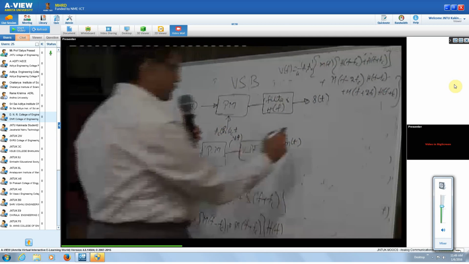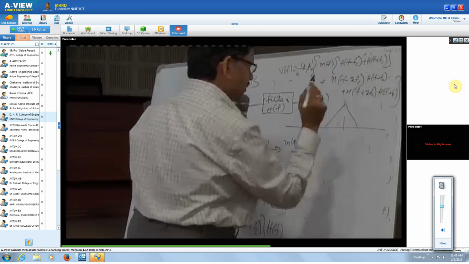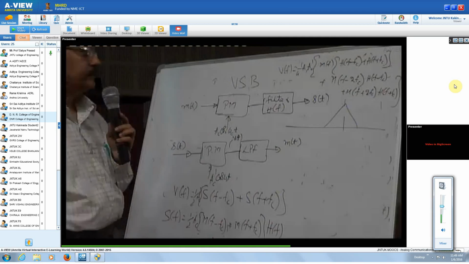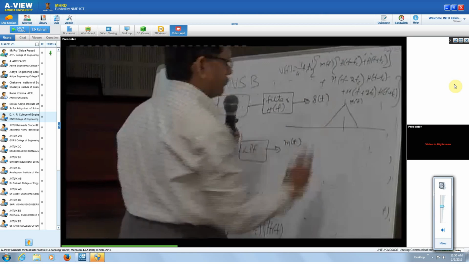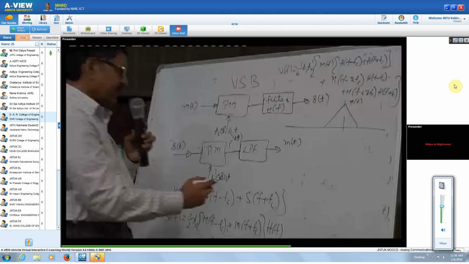Therefore, this is your baseband signal, M of f. What is that V of f?